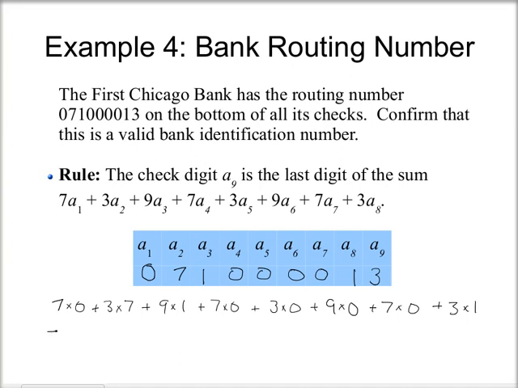So if I add that all up, that's going to give me a sum of 33. Then according to my rule, the check digit A9 should be the last digit of the sum, which is 3. So I should have A9 equal to 3, which it is, so this is a valid bank routing number.